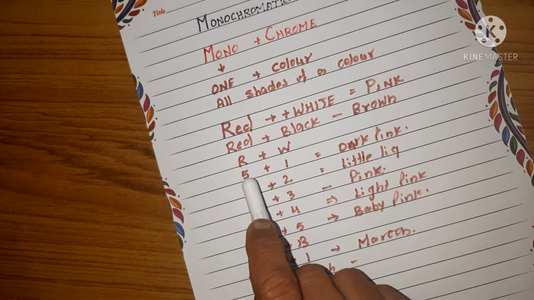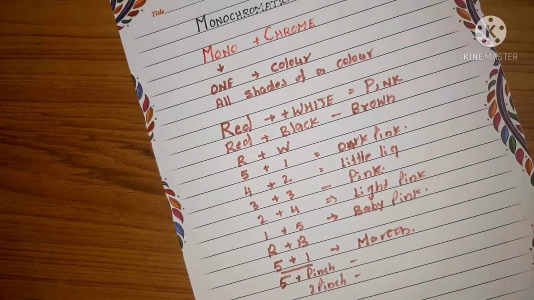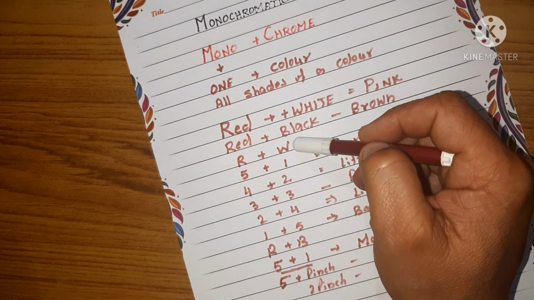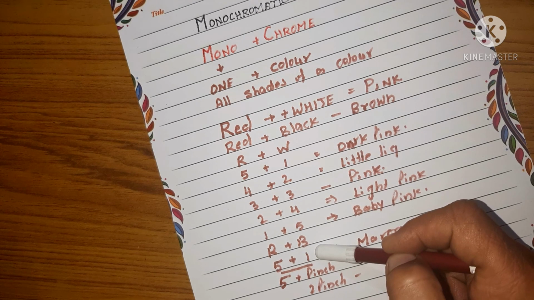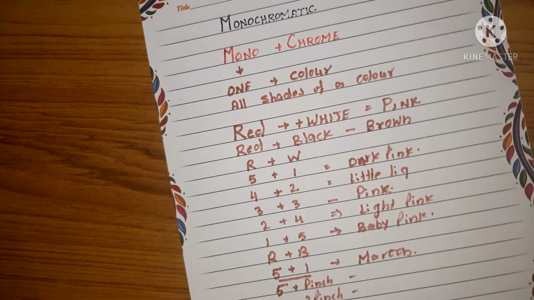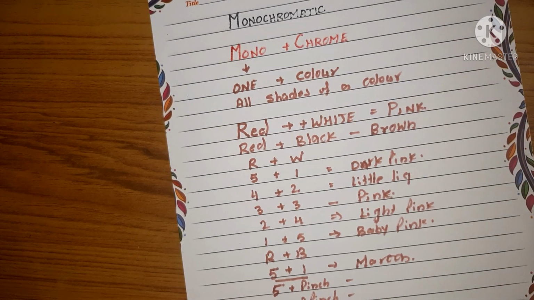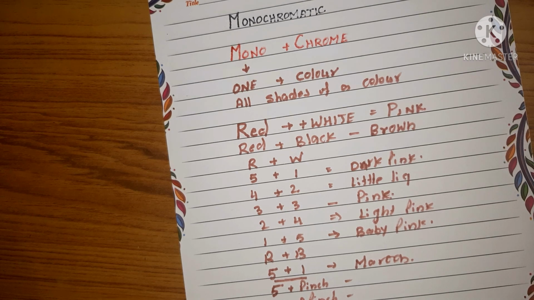In this way you can create the monochromatic color scheme of any color, blue, green, orange, whatever you like. You just have to add white and black to that particular color, and then you will get the monochromatic color scheme. Now let's see the shade card of the color scheme.